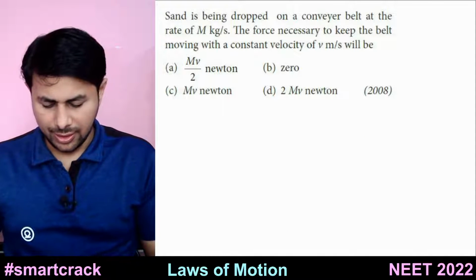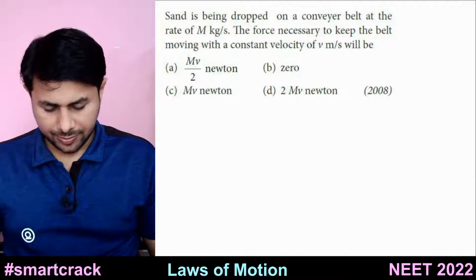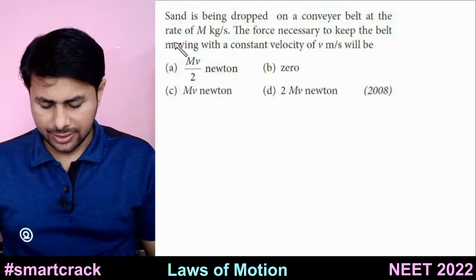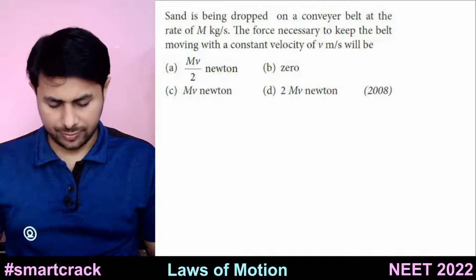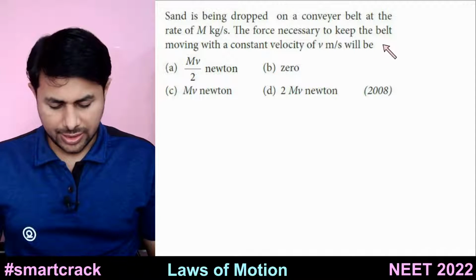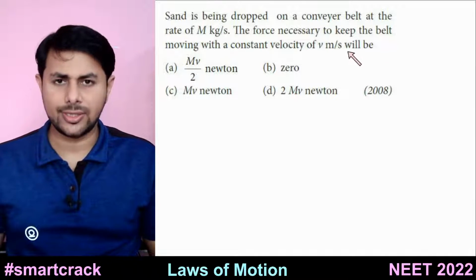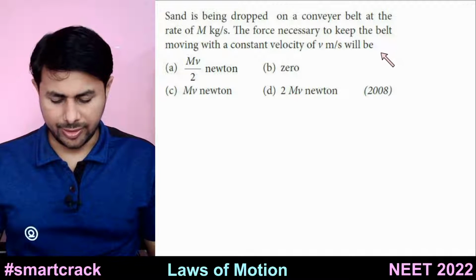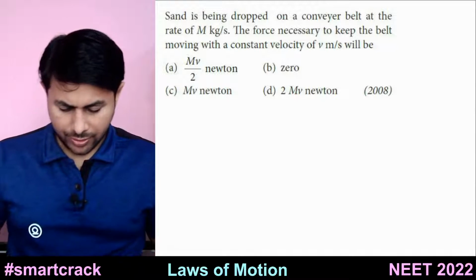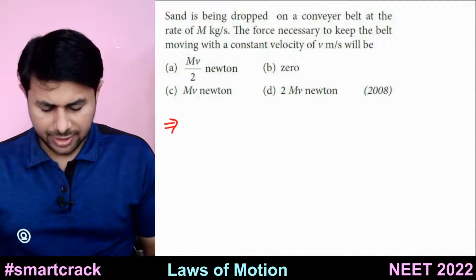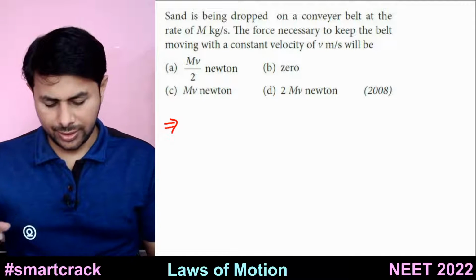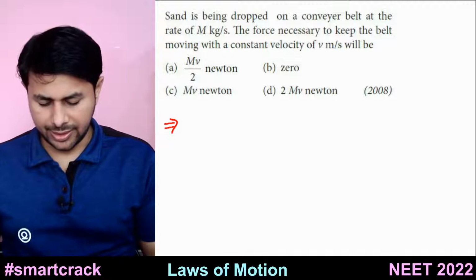Next problem is sand is being dropped on a conveyor belt at the rate of m kg per second. The force necessary to keep the belt moving with constant velocity v meters per second will be. Okay, so the sand is being dropped at the rate of what? M kg per second.